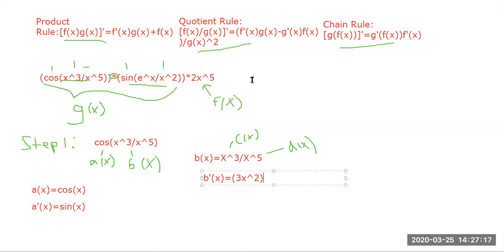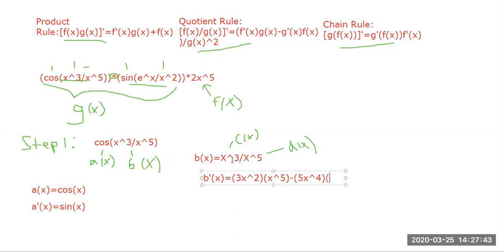So that's f prime of x. G of x is just x to the 5th. We got minus g prime of x. G prime of x, using the power rule again, would be 5x to the 4th times f of x.